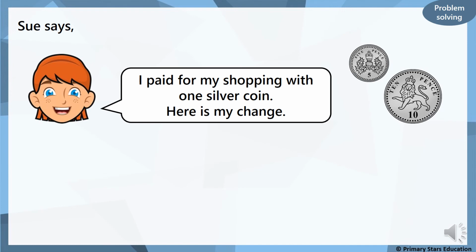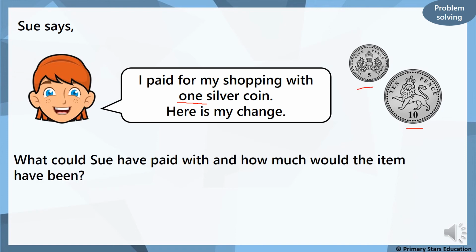So Sue says, I paid for my shopping with 1 silver coin. Here is my change. So she's got a 5p and a 10p. What could Sue have paid with, and how much would the item have been? So think about the silver coins.